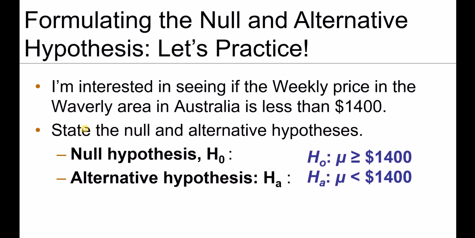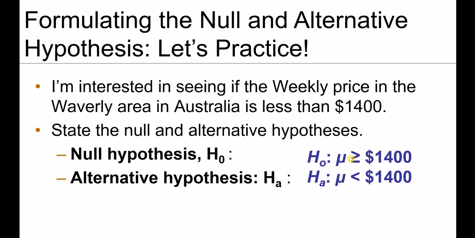If I see it as less than, then we know our alternative hypothesis is that the population mean is less than $1,400. Then in the absence of any other information, we assume it's not that. So the opposite would be that it's greater than or equal to $1,400.